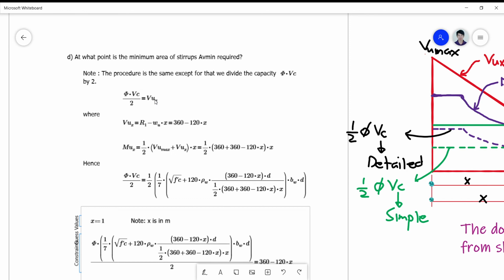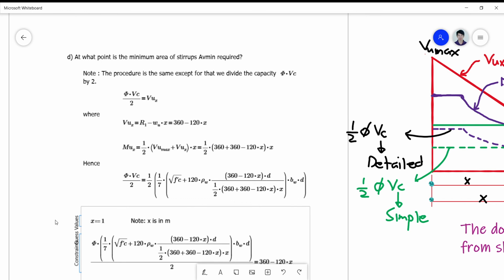Take note, the procedure is the same except for the capacity, which is taken in terms of 1/2 phi VC. VU is still the same, MUX still the same. Only here in the equation we consider 1/2 of phi VC.